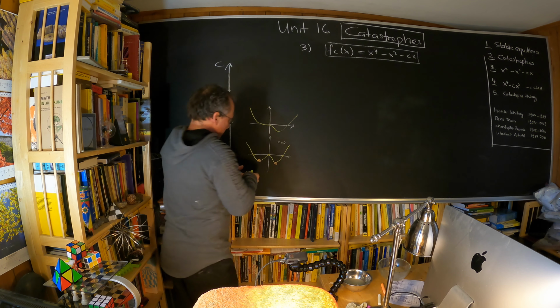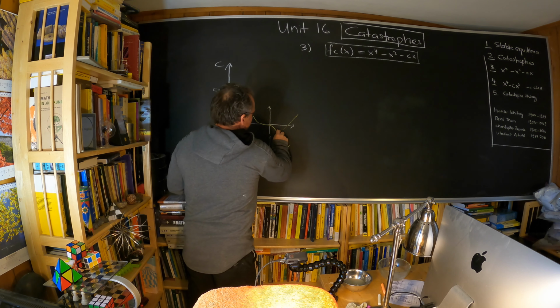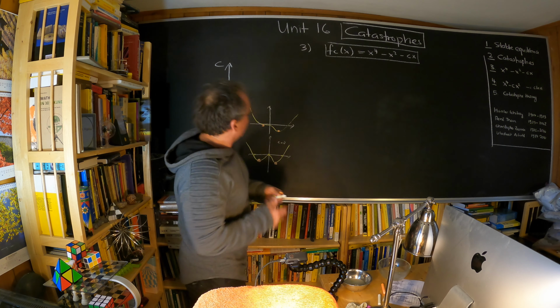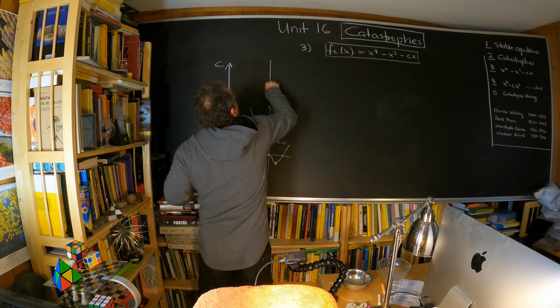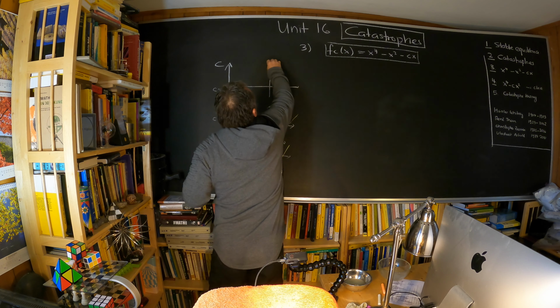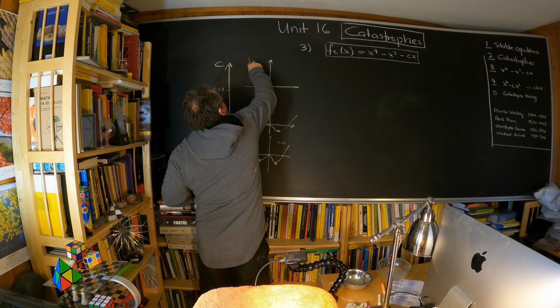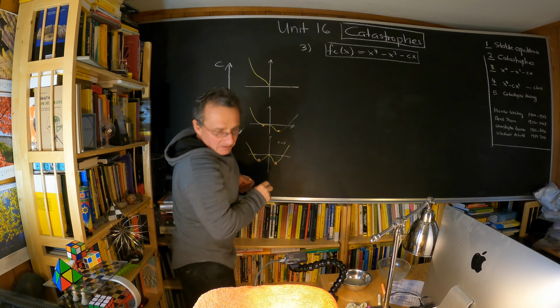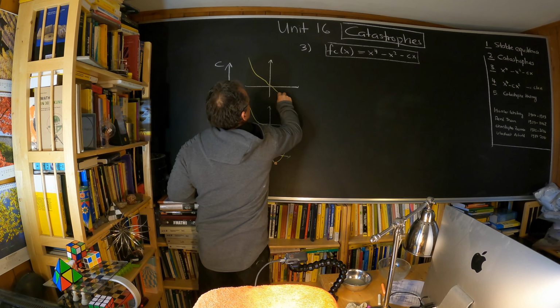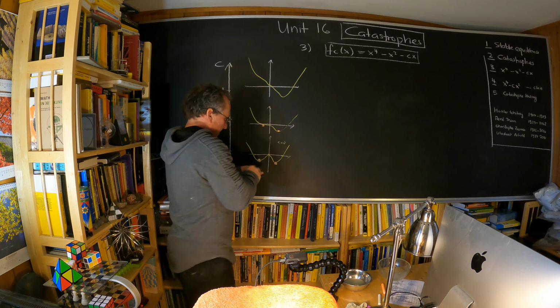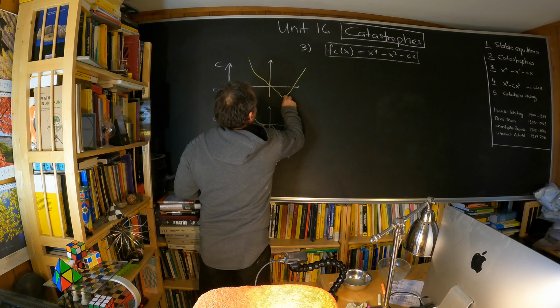So there is still a stable one here. If I take 1, the function still goes through 0, but it does something like that. So there is only one minimum.